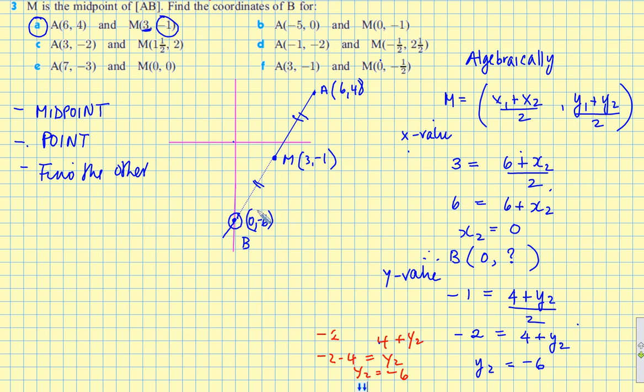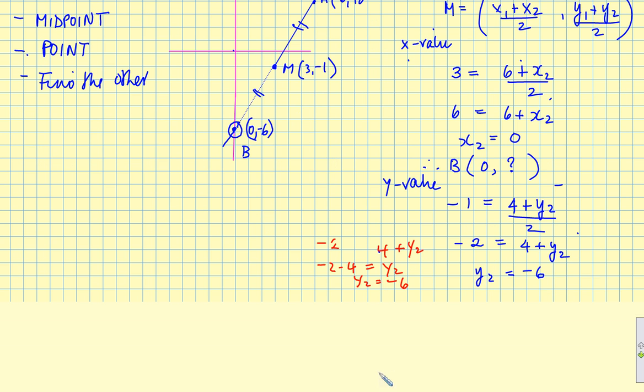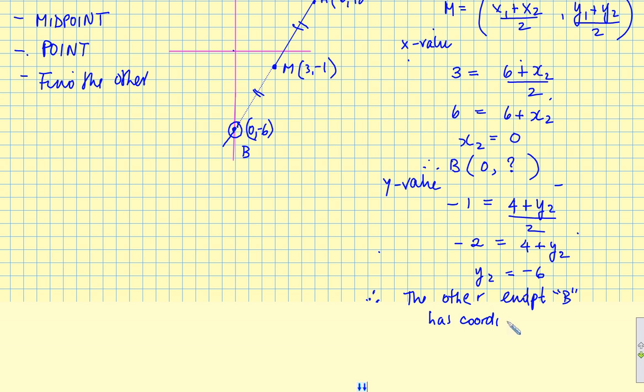And that's exactly what I found in my diagram. So therefore the other endpoint B has coordinates of 0 and negative 6.